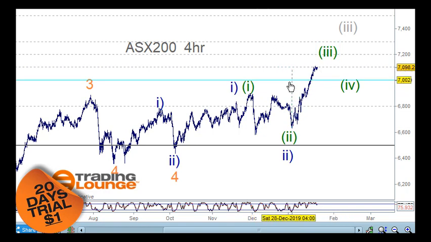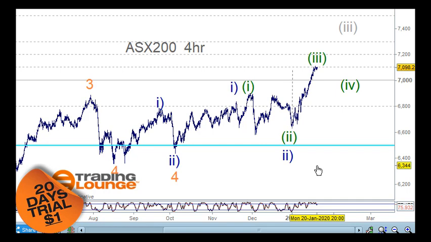In that third wave up here, we know that wave 3 is not the smallest, so wave 1 here, which is roughly on this low here, that's the length of wave 1. So if we pop that on here as wave 3, we're just equal in terms of size at the moment.